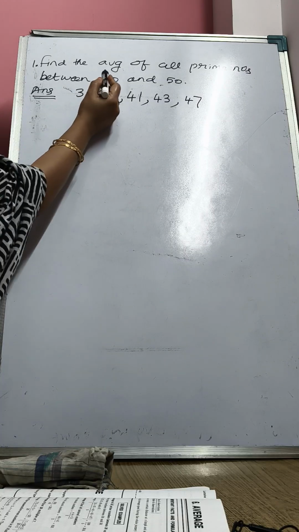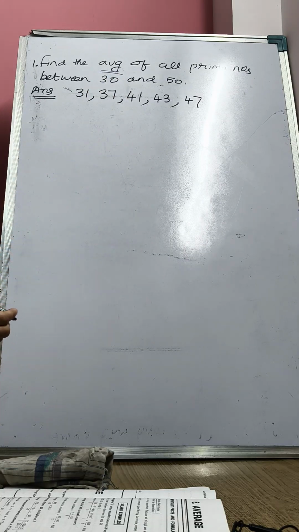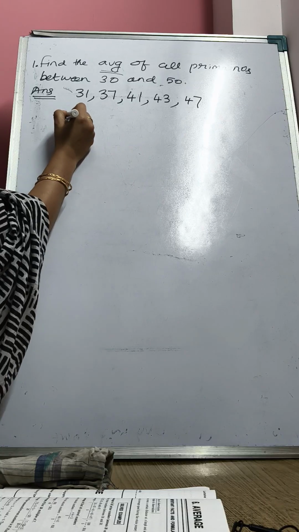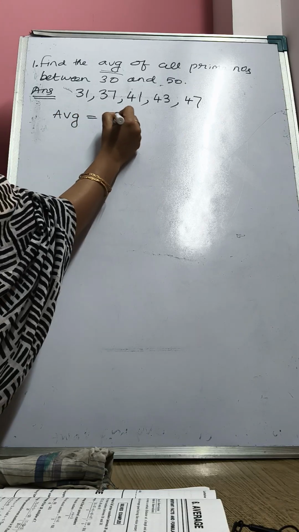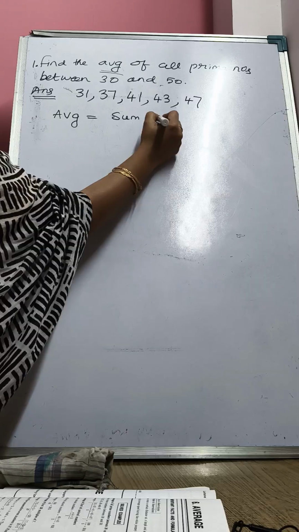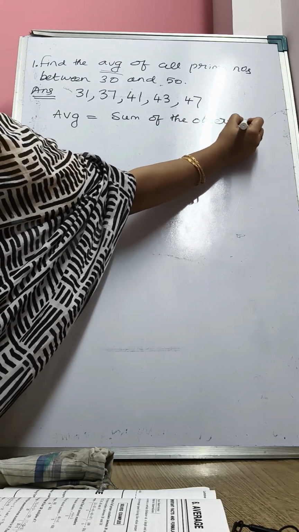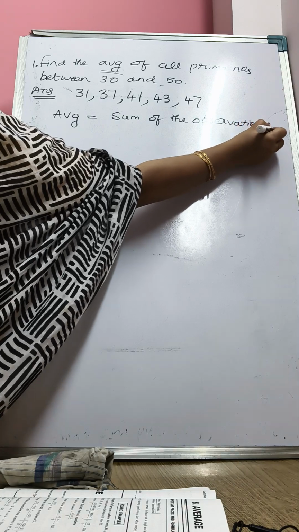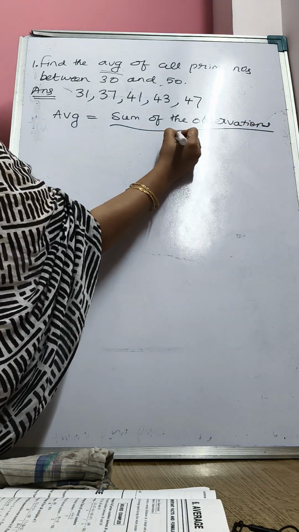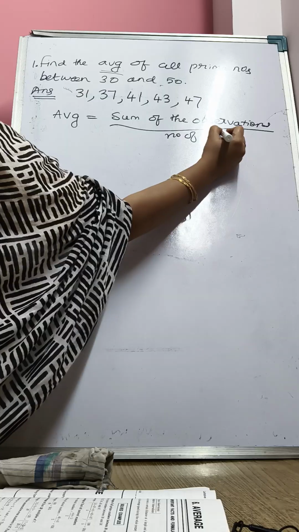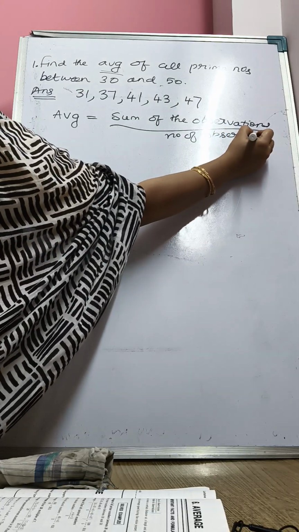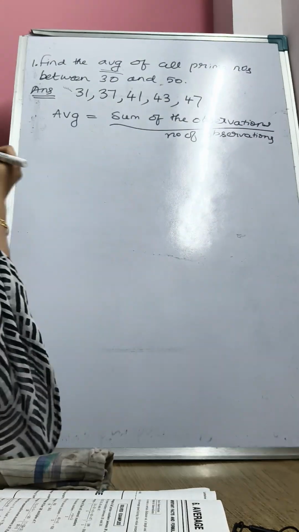Now our question is find the average. What is the formula for average? Average is equal to sum of the observations divided by number of observations. Okay.